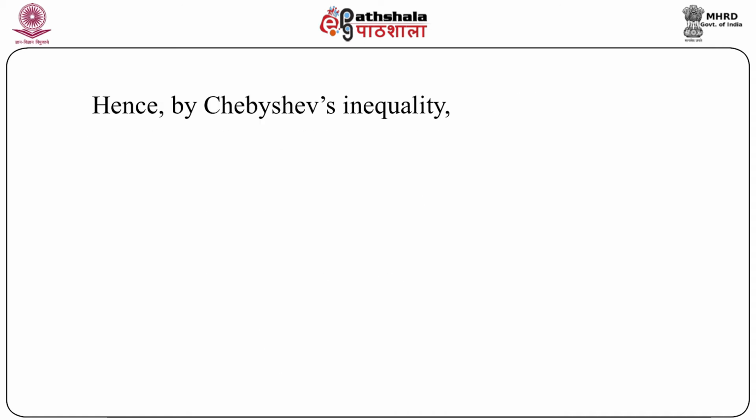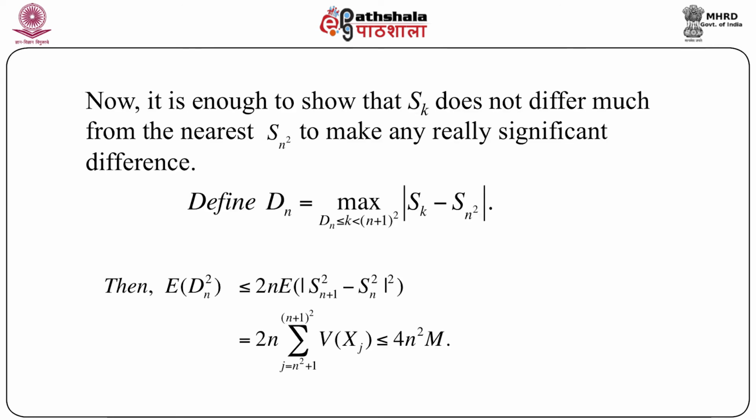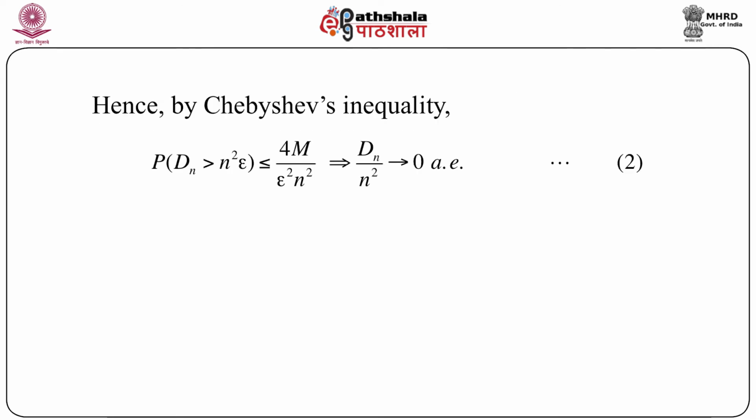Now again we apply Chebyshev's inequality to get that probability Dn greater than n square epsilon is less than or equal to, as we got just now, 4n by epsilon square n square. If we consider summation on both sides over n, the right hand side will converge, and hence again by applying the Borel-Cantelli lemma, it is clear that Dn by n square goes to 0 almost everywhere.